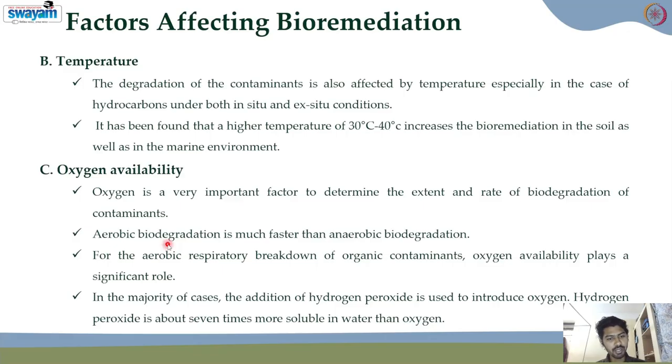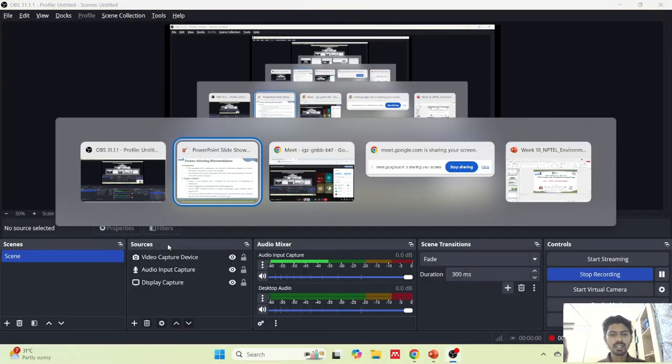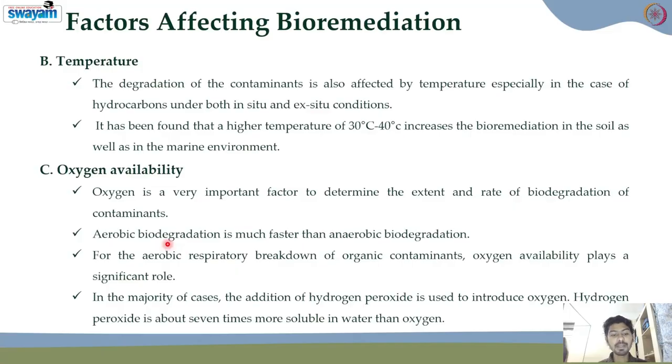As we already know, the aerobic mode of degradation is the process carried out in the presence of oxygen. In anaerobic processes, the biodegradation happens in anaerobic conditions, that is, in the absence of oxygen.